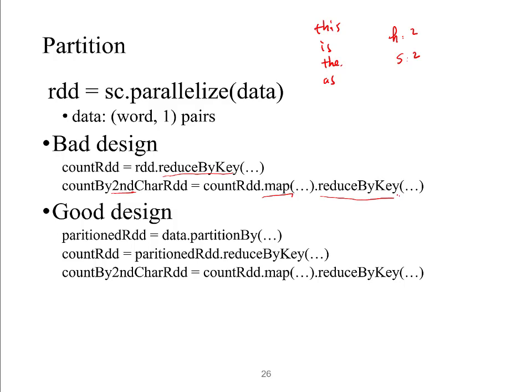A good design here is to first partition the data into different partitions based on their second character. For example, "this" and "the" would be in one partition, and another partition probably contains words like "is" and "as".